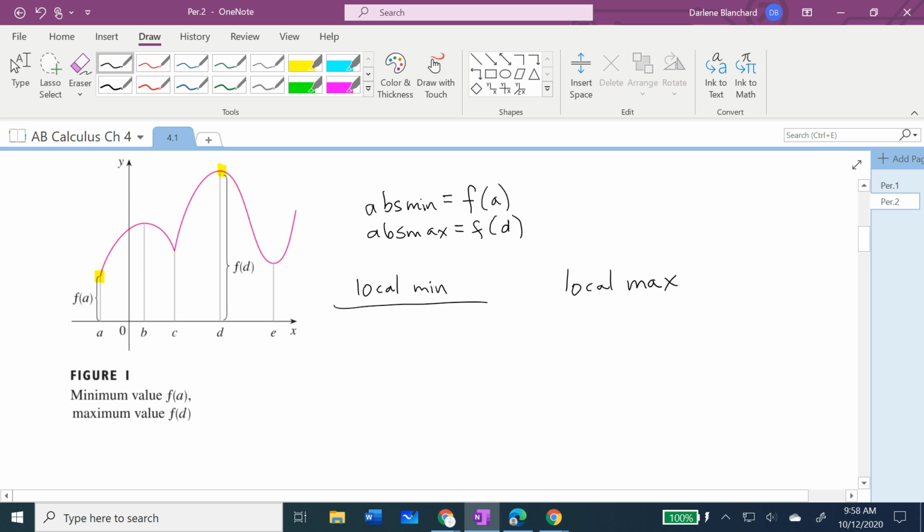By the way, I will sometimes write local min as R min and local max as R max for relative minimum, relative maximum. It's a habit of mine because, you write something for a long time and it ends up being what you write without thinking. So if I'm going to list the local minimums, can you see where those are?